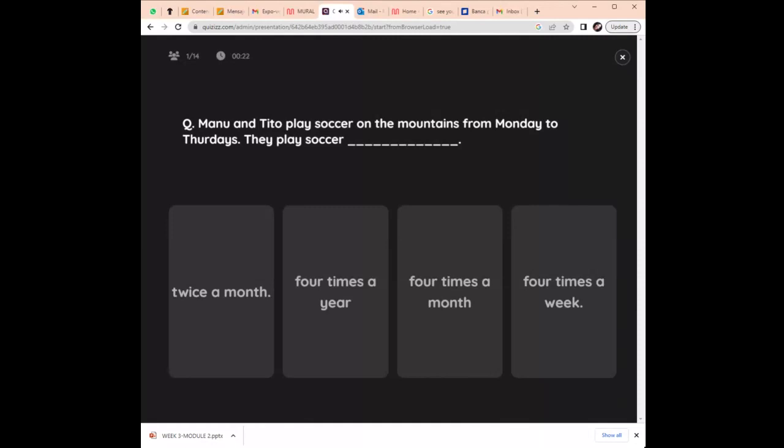They play soccer from Monday to Thursday.